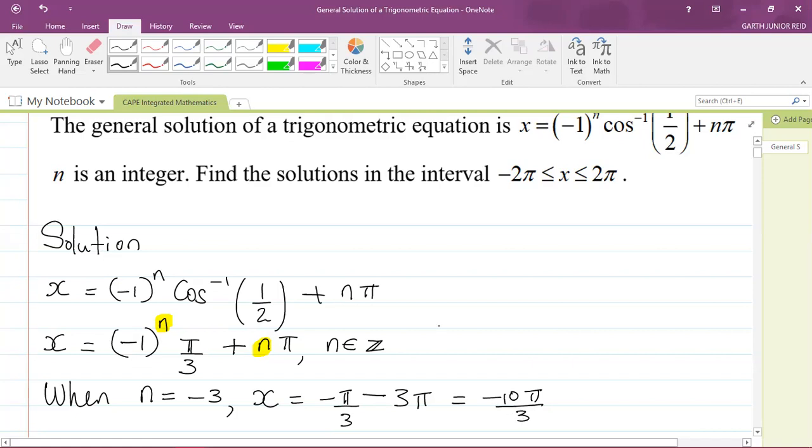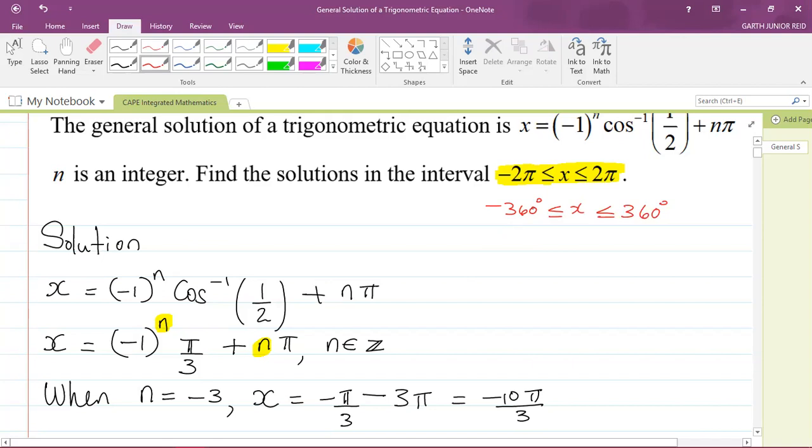Now, we have to check if this is within our interval that we want. Remember that this is the interval that we're dealing with: -2 pi to 2 pi radians inclusive. Good. Just for you to note, this is the same as -360 degrees less than or equal to x less than or equal to 360 degrees.